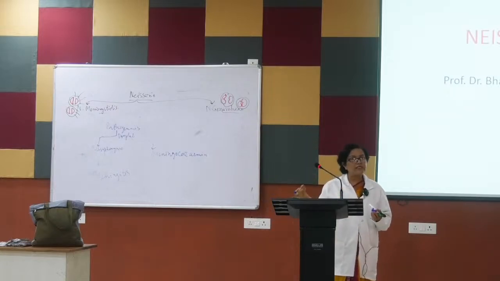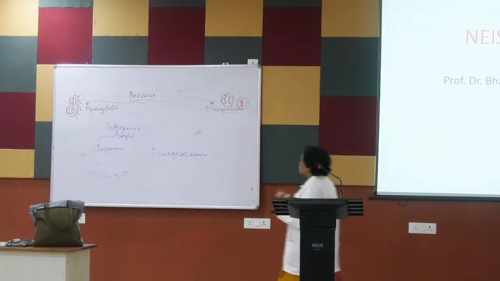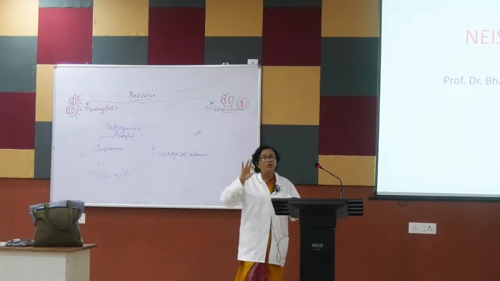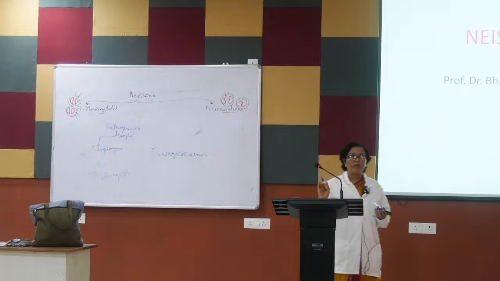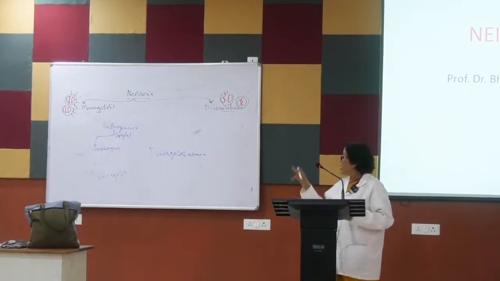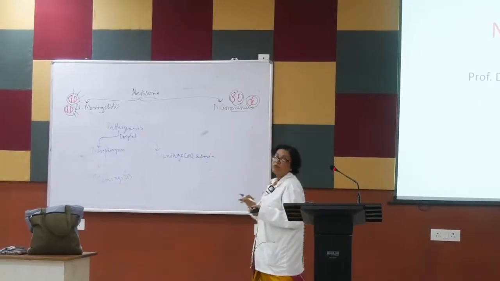Then we take CSF and do tests. When meningococcemia is in the blood, it becomes very severe. There will be fever, slight seizures, slight delirium, etc. And when it is in the blood, what is the problem?